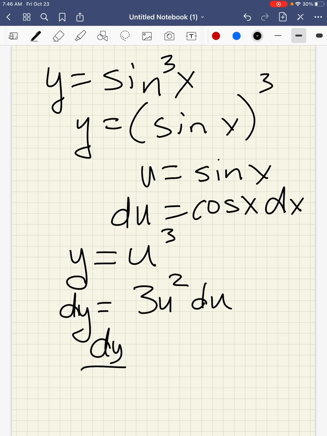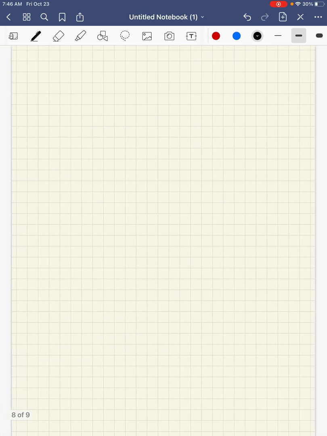So dy dx is equal to 3 sine squared of x times cosine of x. So see, the u substitution problems in some respects are easier than other differentiation problems.